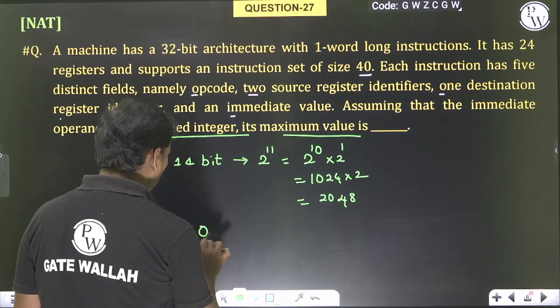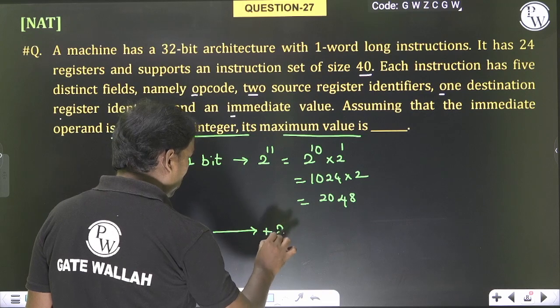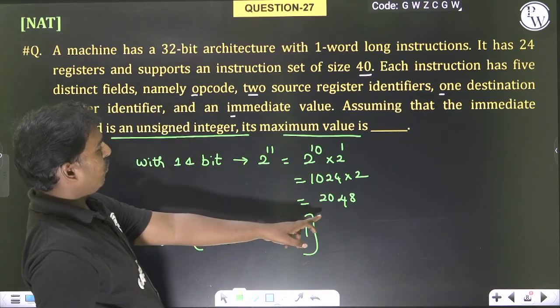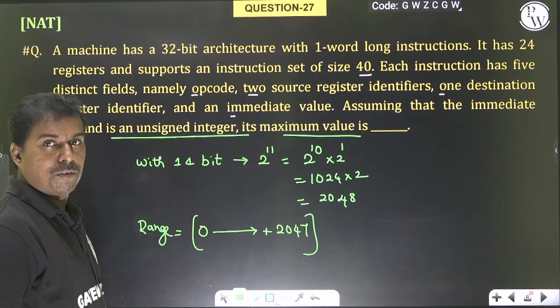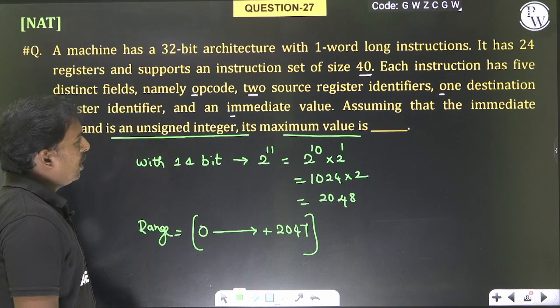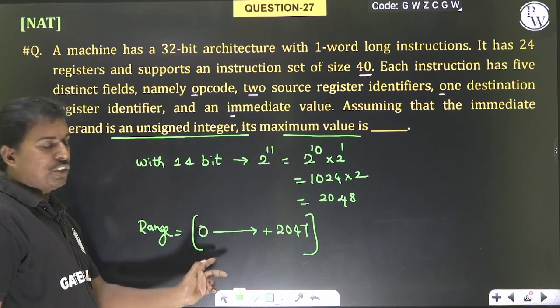But if you see the range, it is 0 to 2047, that is 2048 numbers. With unsigned integer representation, it is 0 to max.